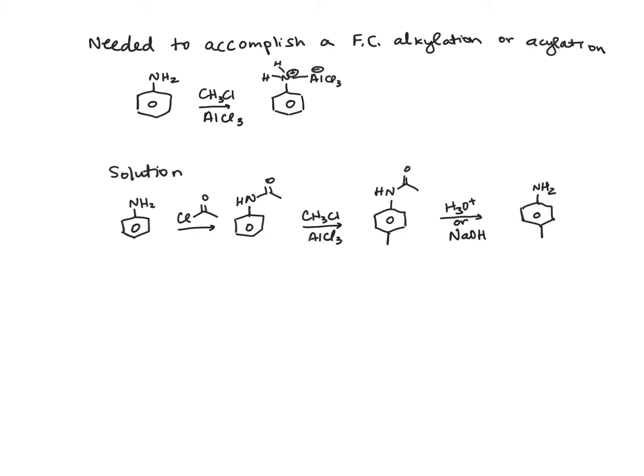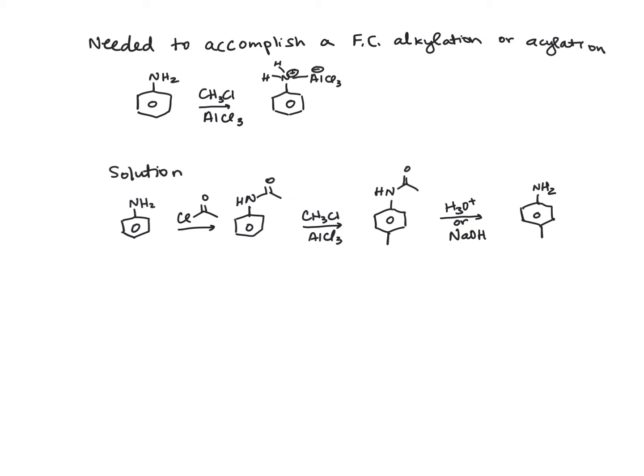It's also useful in Friedel-Crafts alkylations or acylations. If you treat aniline with an alkylating agent and aluminum chloride, then what you get is the formation of this complex where the nitrogen has reacted with aluminum chloride. And that's no good because it not only consumes the aluminum chloride, but it turns this compound into a deactivating group.